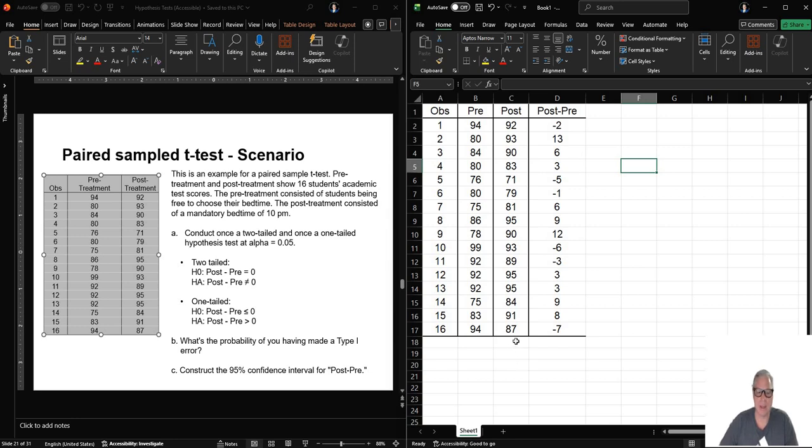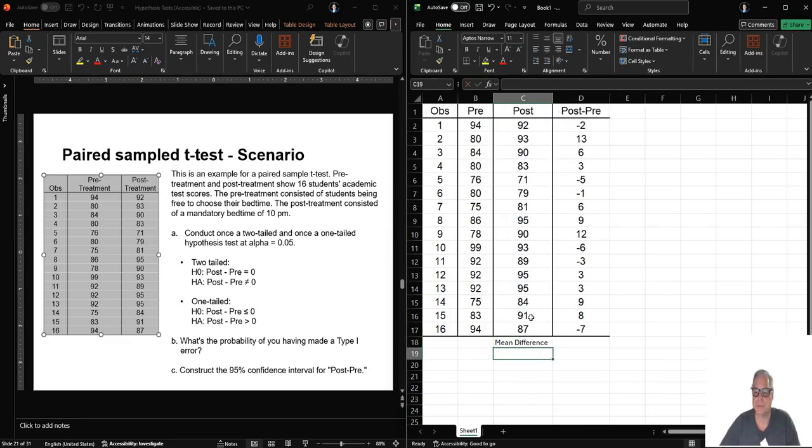So what we try to do is look at the mean, and we work with the mean as our main statistic. So what is the mean difference? I call it mean difference.